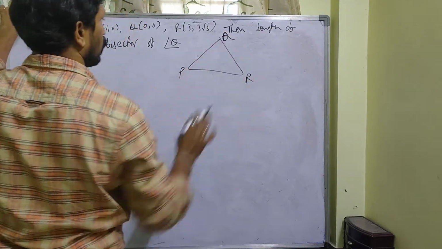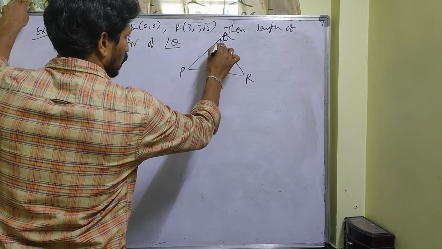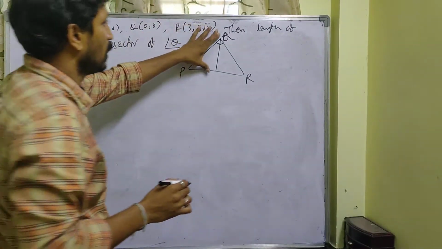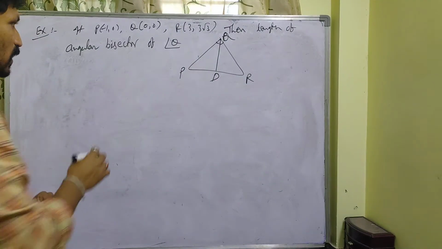PQR. He is asking the length of the angular bisector. Let us take some point D, so he is asking to find out QD.